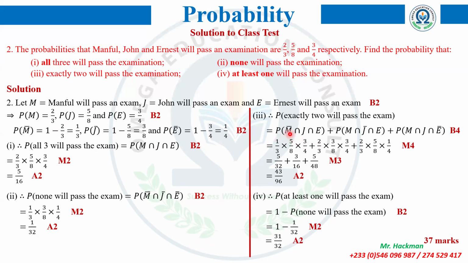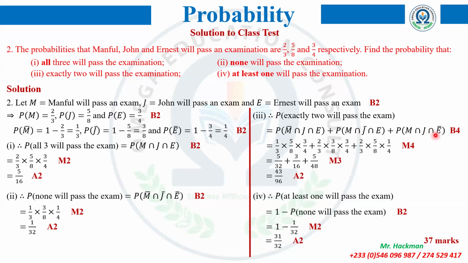So it means here I'm going to have three possibilities. The first one will be Manfo failing and the other two passing. In this case, you have exactly two passing. Or you can have only John not passing, but Manfo and NS will pass. So this one too gives us another possibility for two passing.